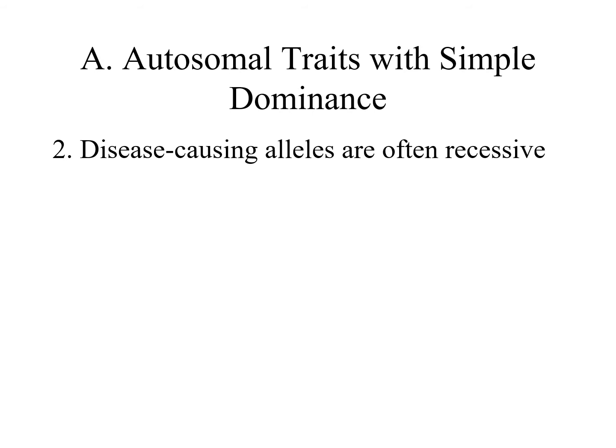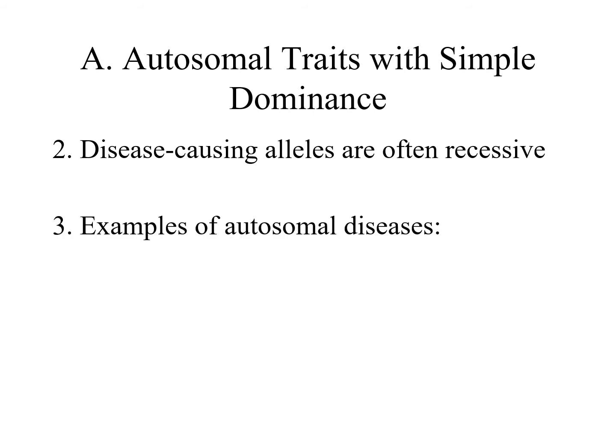Disease-causing alleles are often recessive. Often, but not always, right? So when a mutation occurs and a new allele is created, often that new allele is recessive. Here's an example of some diseases that are autosomal and they exhibit simple dominance.